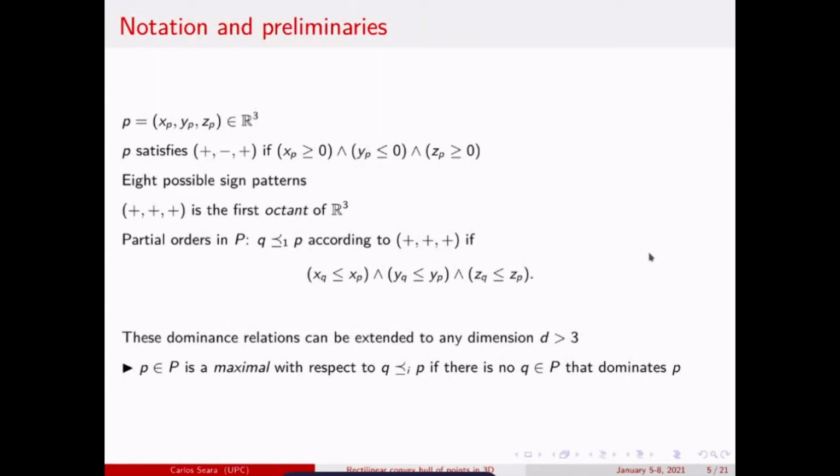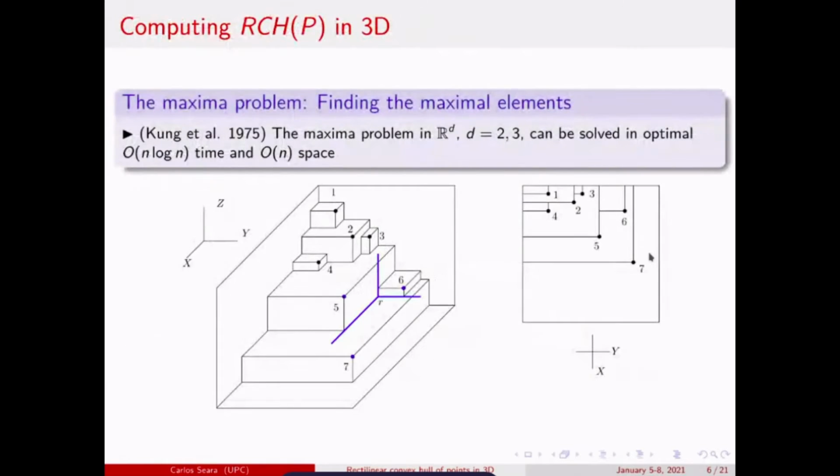If you take the octants, then you can define the maximal points with respect to the first octant. A point is maximal if there is not another one that dominates it.